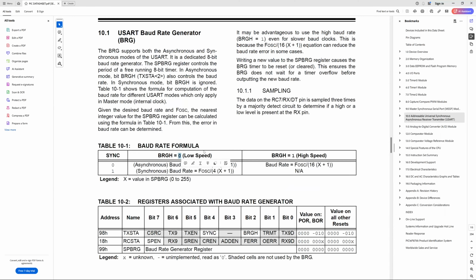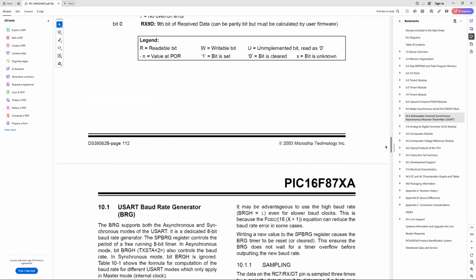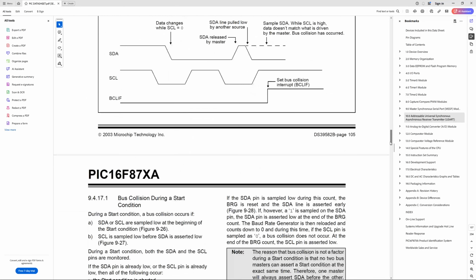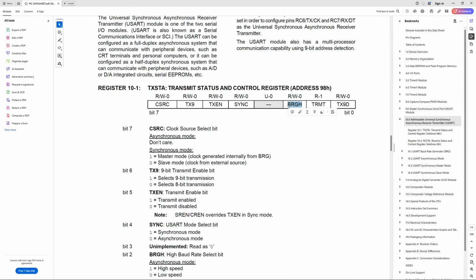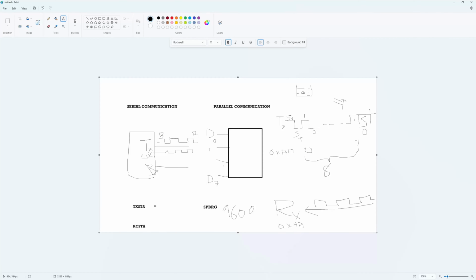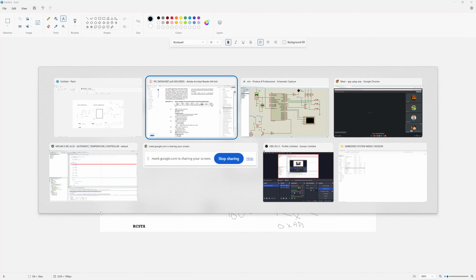BRGH you know already where it is. We are discussing TXSTA. You can see here that BRGH is 0. Okay, we will type in our code.